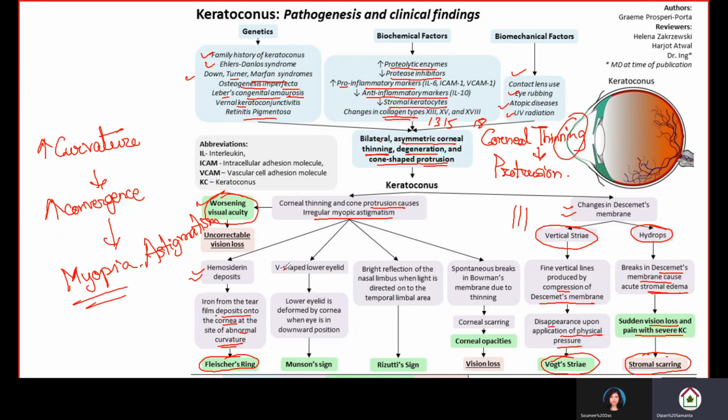Okay. Next, another thing is that myopic astigmatism results in a V-shaped lower eyelid, which is deformed by the cornea when the eye is in downward position. Okay, so V-shaped lower eyelid, due to the pressure of this bulging, it will become V-shaped, and this lower eyelid becomes deformed by the bulging cornea, specifically when the eye is positioned downward, and this leads to Munson sign.